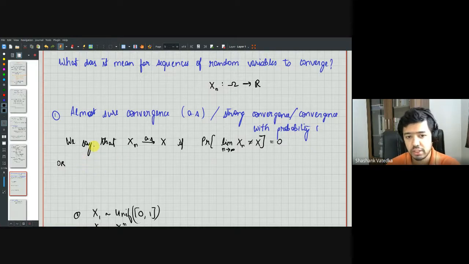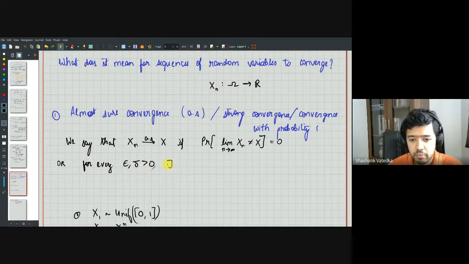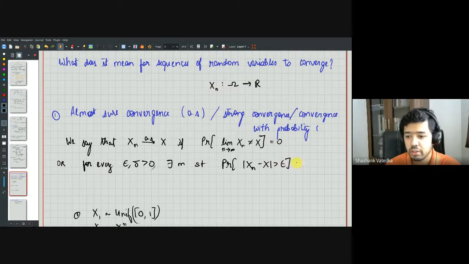We say that a sequence of random variables converges almost surely if for every epsilon and delta greater than 0, you can find some integer m such that the probability that Xn deviates from X by an amount greater than epsilon is always less than or equal to delta.